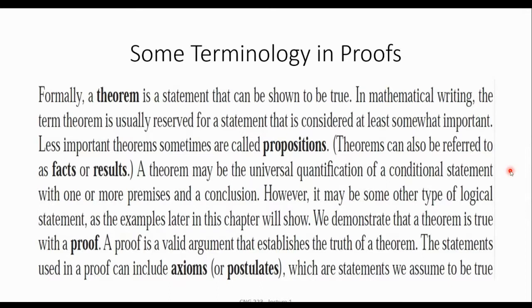We will see, for example, in some mathematical problems, such theorems can be very useful in order to solve them. And that's why they became known or famous. So those propositions which are not as important as theorems, we just call them propositions as they are. And sometimes we call theorems facts or results as well.